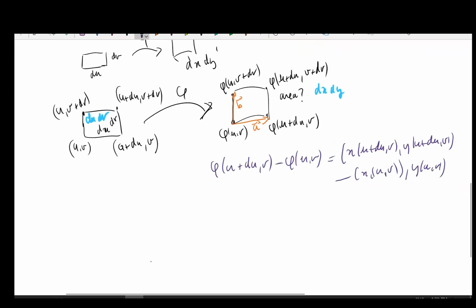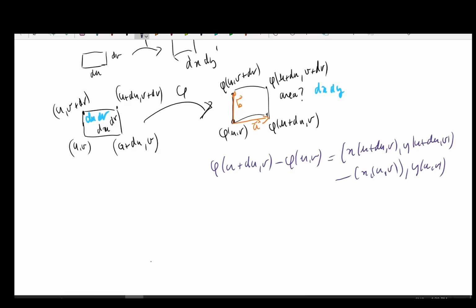So these are two coordinates. If I write them as a column vector, I get x of (u plus du, v) minus x of (u, v), and the second component of the vector A is y of (u plus du, v) minus y of (u, v).